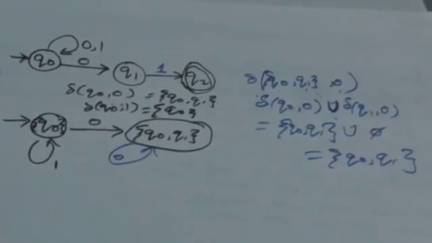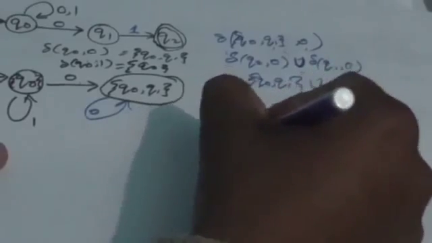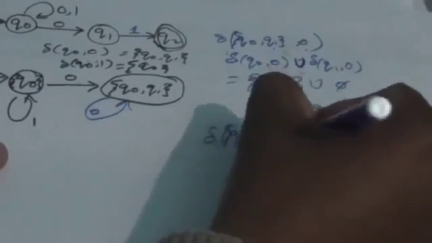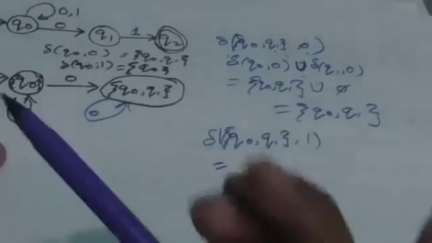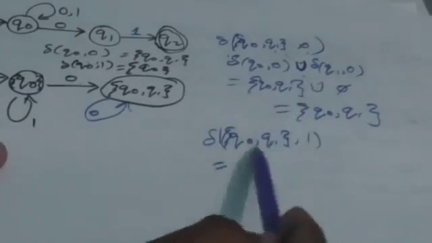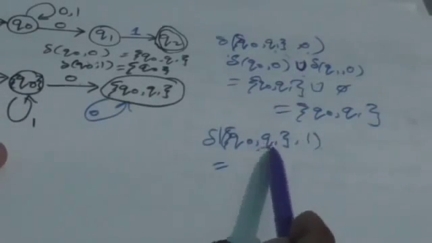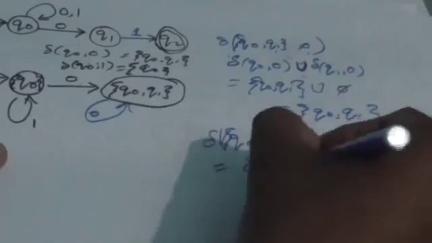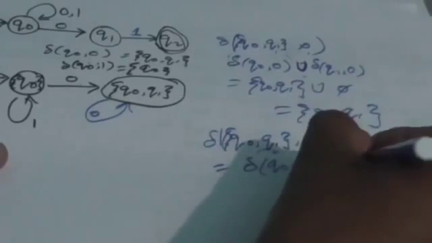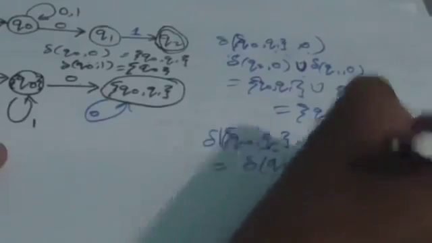Now for the input symbol 1. Delta Q0, Q1 for input symbol 1. First of all, apply 1 to the initial state Q0, then apply 1 to the second state of this set, Q1. So it would be delta Q0 1 union delta Q1 1.